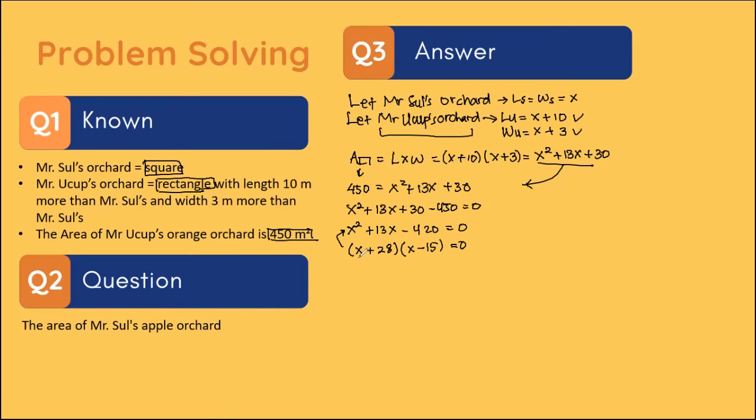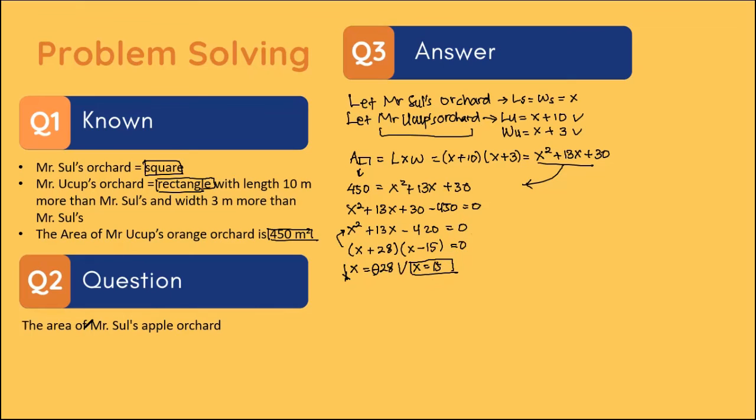Okay, from this factorization, we get the first x is equal to minus 28. And then the second x is 15. Since we're talking about the length and width of an orchard, it can never be negative, right? So the first x is eliminated, and we will use x is equal to 15.